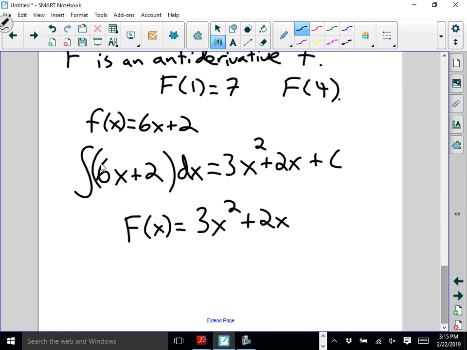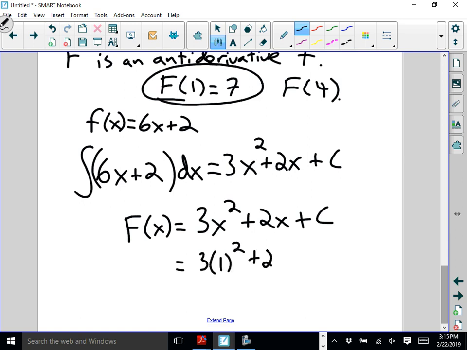Now, I can figure out what c is because I know that f of 1 is 7. So I'm going to plug in 1 for x, and I get a y value of 7. Watch what happens.